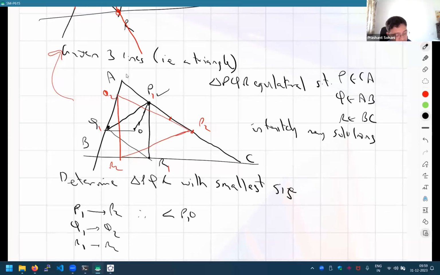So therefore the angle formed between P1 and P2 at the point O, that is the one I'm interested in. So angle P1 O P2. If I know this angle P1 O P2, then I can draw the arc with points P1 and P2, and that will have the point. So can I determine this angle P1 O P2?